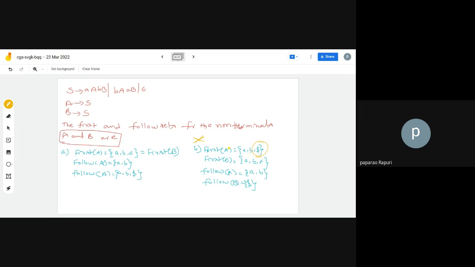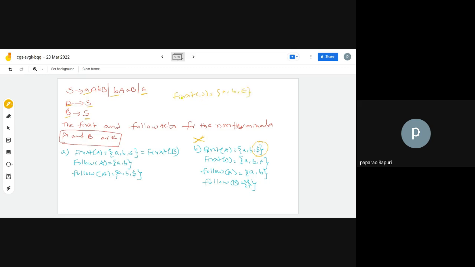And next, first of A is equals to first of S, first of B is equals to first of S. So first of S equals to, here it is small a, here small b, and here epsilon. So in the first set of S, we are having small a, small b, epsilon.